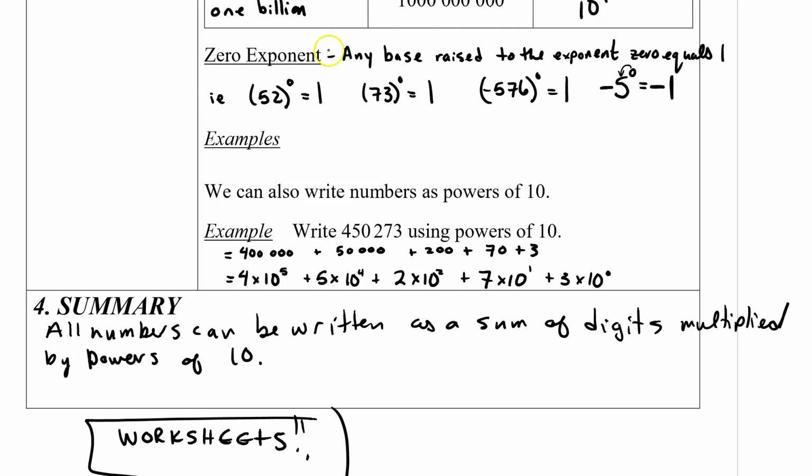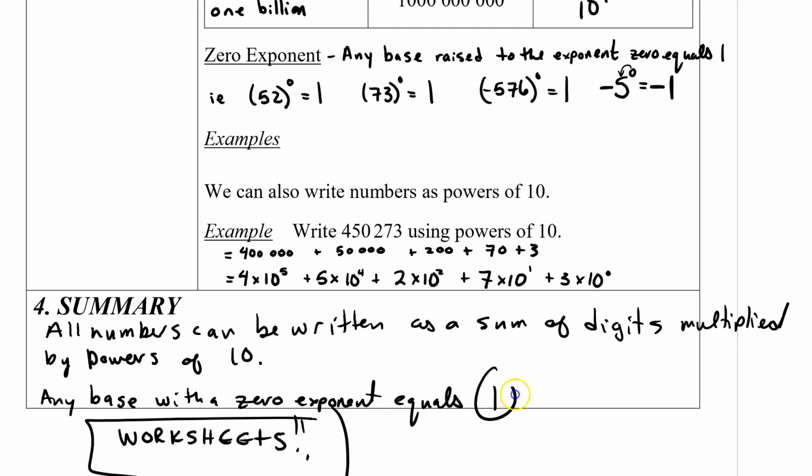The other thing is the 0 exponent. Any base with a 0 exponent equals 1. Now here's the thing, some people are going to be like, oh yeah, anything raised to the power of 0 is 0. Nope. Anything raised to the power of 0 equals 1. Just as a little reminder, always ask yourself, what's the base?